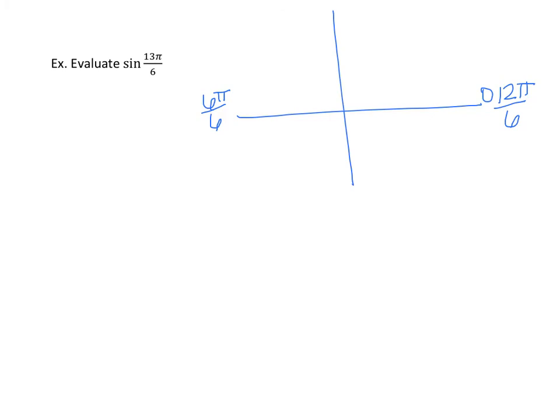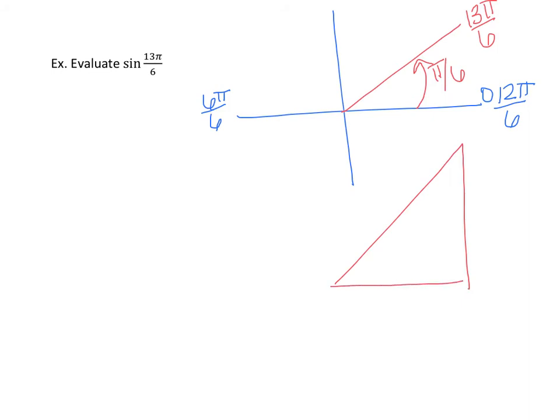So I'm going to land right in here. What we need to figure out is what's my leftover area right here from the x-axis. Well, if I've got to go from 12 pi over 6 to 13 pi over 6, I've left room for just pi over 6. So now you're looking at your special right triangle, pi over 6 down here.